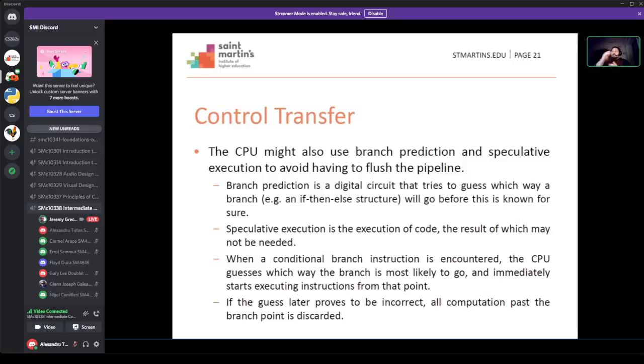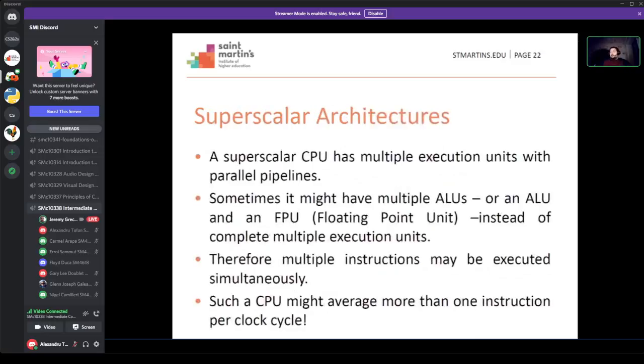So essentially, this idea of predictive branching is a way of speculating what the execution is going to be without having to flush the pipeline each and every time. However, sometimes you're going to speculate incorrectly, and therefore you will have to flush the pipeline at that particular point in time.